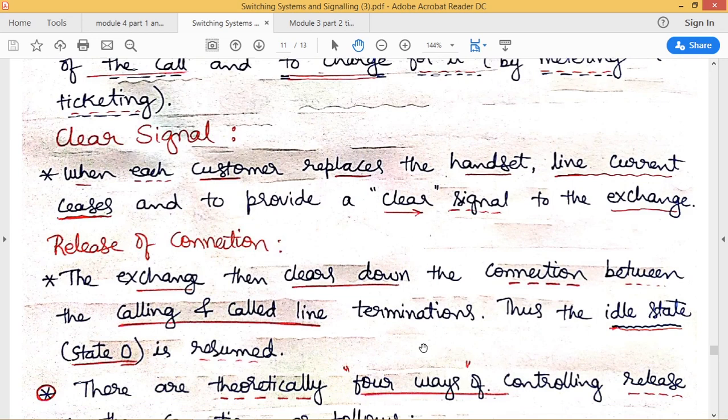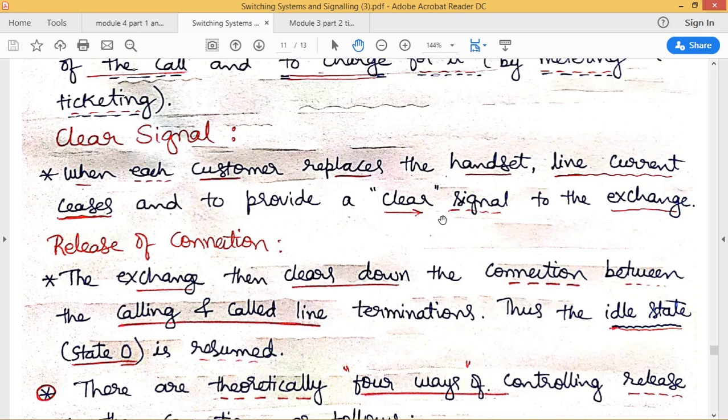So once the call has been closed, once any of the subscribers puts his handset back on the telephone, in that case a clear signal must be sent. When each customer replaces the handset, line current ceases and this provides a clear signal to the exchange.